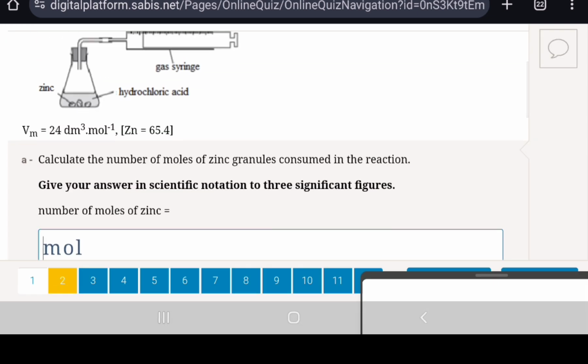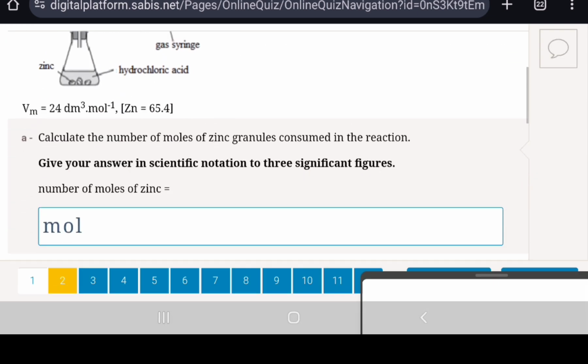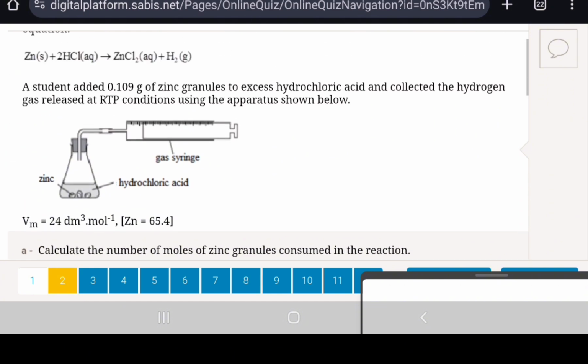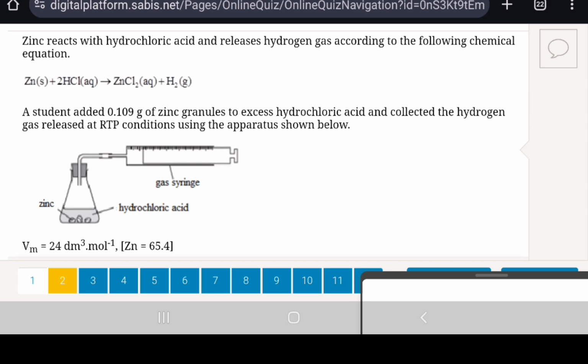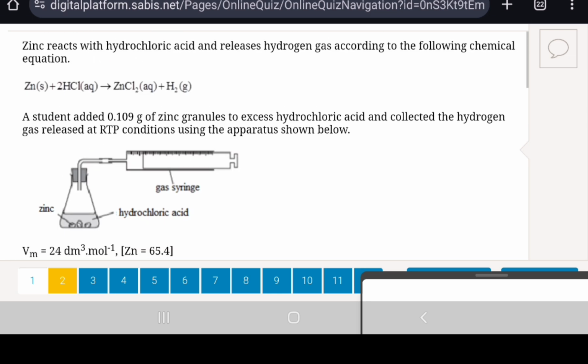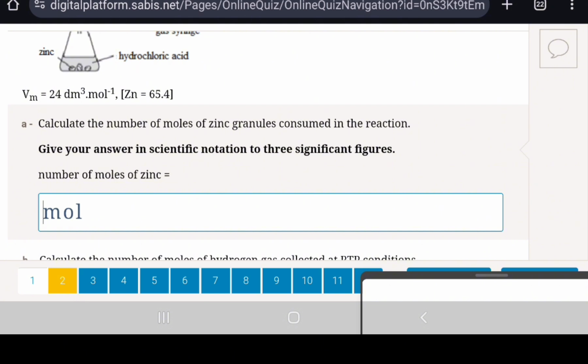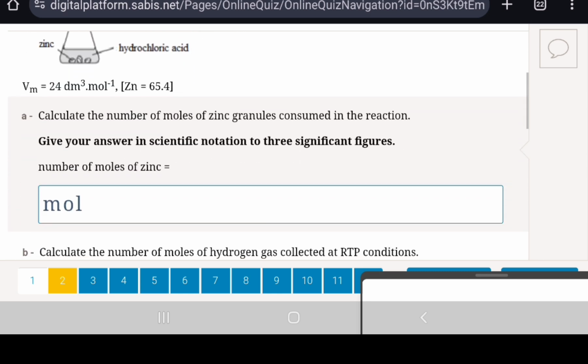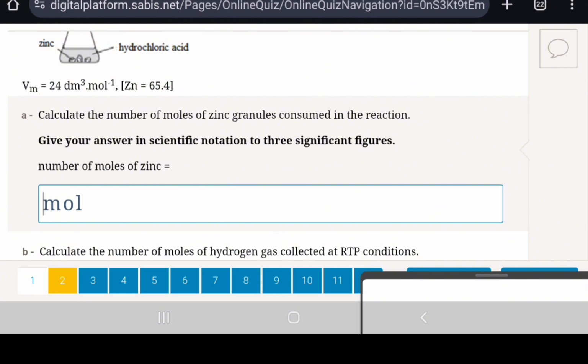First of all, for this question, we need to find the moles. So we do mass over molar mass. As we can see, the mass is 0.109 divided by 65.4, so we do 0.109 divided by 65.4, and we get 0.00166666.